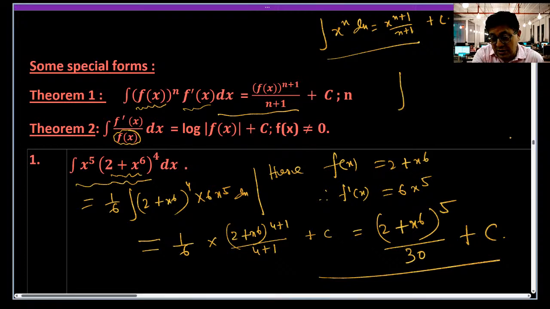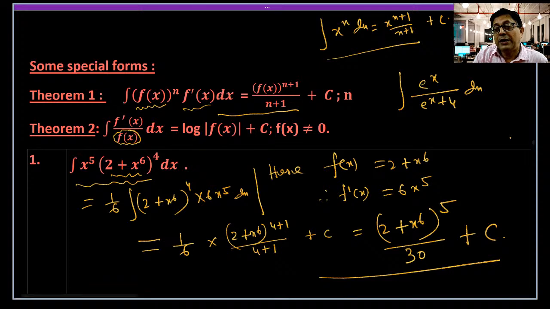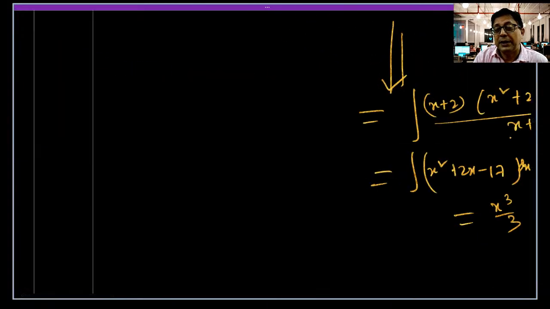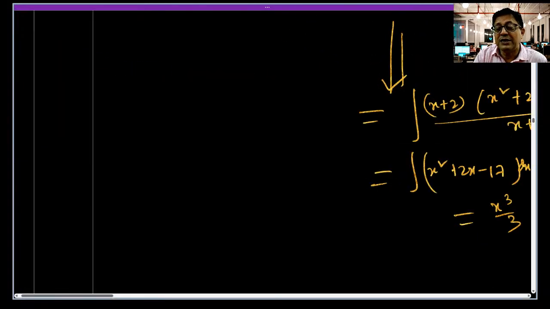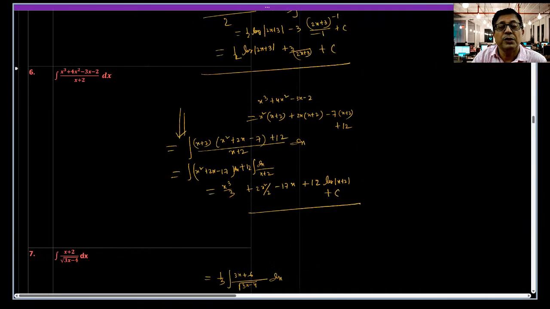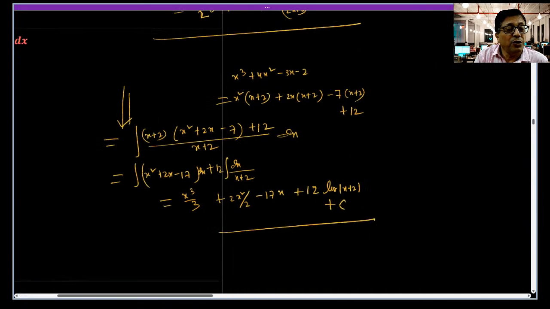Before doing this sum, I have collected for you. I will be showing you the simplest one. Say there is e to the power x by (e to the power x plus 4) dx. What is f(x) here? It is not necessarily true that f(x) has to be always in the denominator.